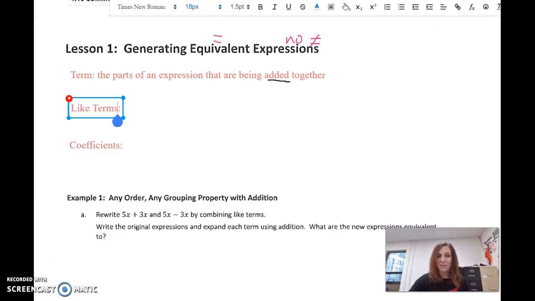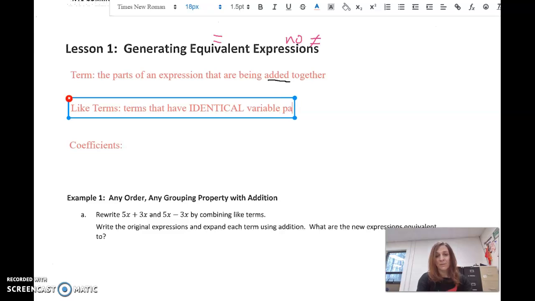Then we have like terms. Well, if we know terms are the parts of an expression being added together, like terms are going to be those terms that have identical variable parts. Now, we've talked in class about don't get all caught up in this whole variable thing. Oh, we got letters in math. No. They're numbers.